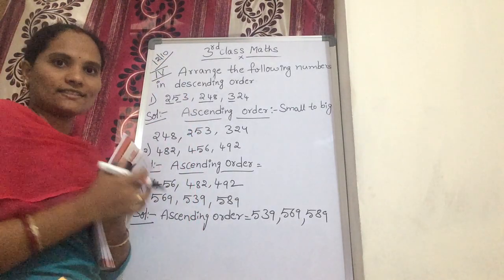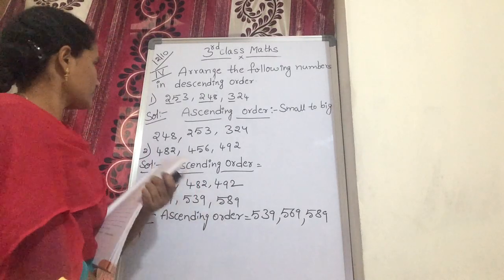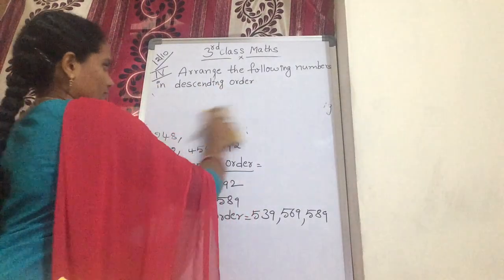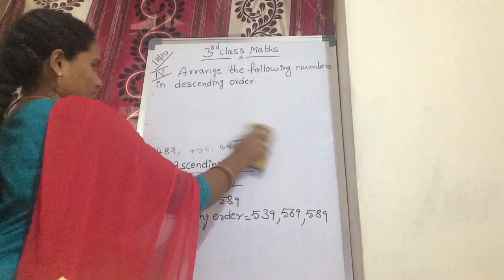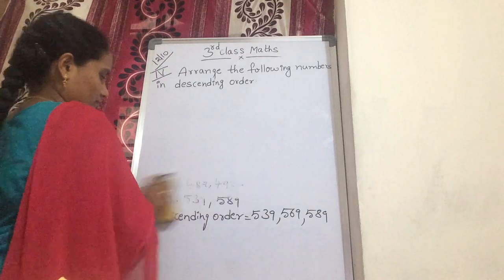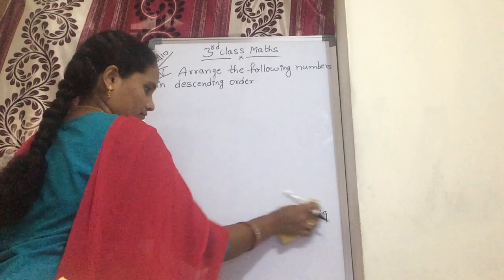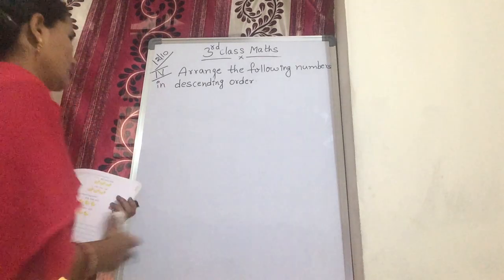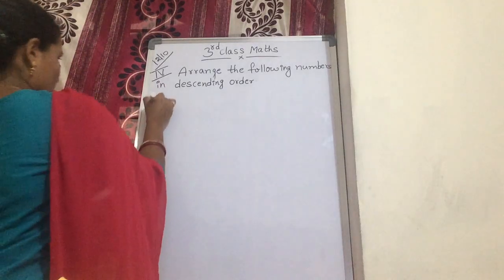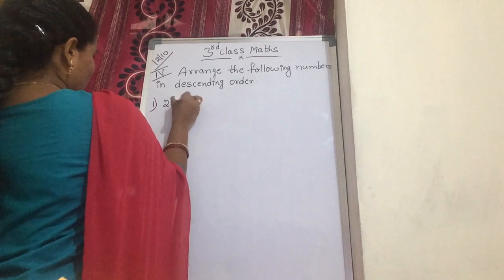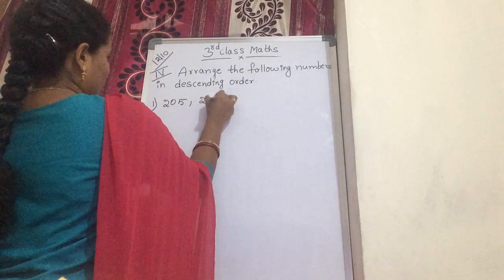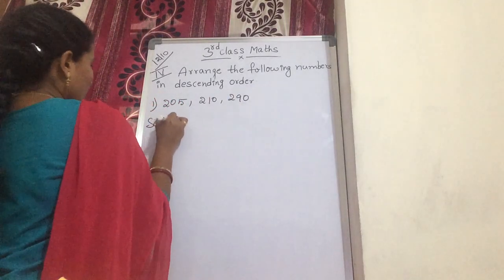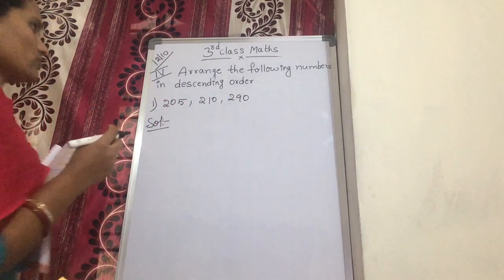Shall I repeat, children? Next one is descending order. First example: 205, 210 and 290. Now tell me children, how do we arrange the following numbers in descending order?